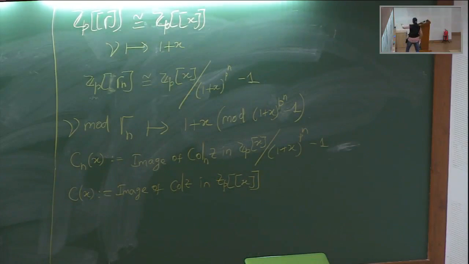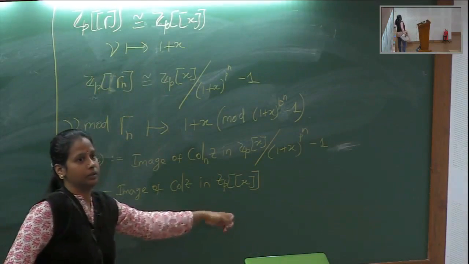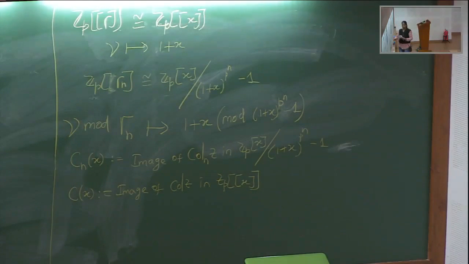So I want to replace gamma by 1 plus x, and I want to think of it as an element of Z_p[x]. That's what I'm going to do now.